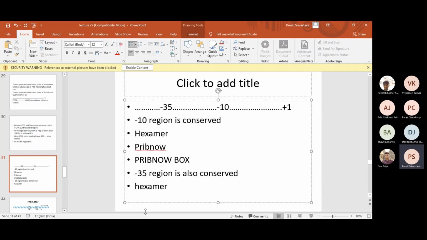It is also called the TATA box. The hexamer present in the -10 region is TATAAT, so it is called the TATA box, discovered by Pribnow, and therefore also called the Pribnow box. The -35 region is also a hexamer, and the sequence is TTGACA. So these sequences are quite conserved.